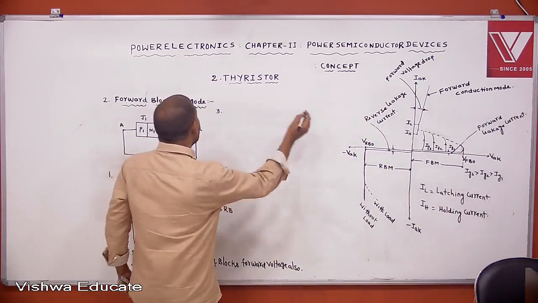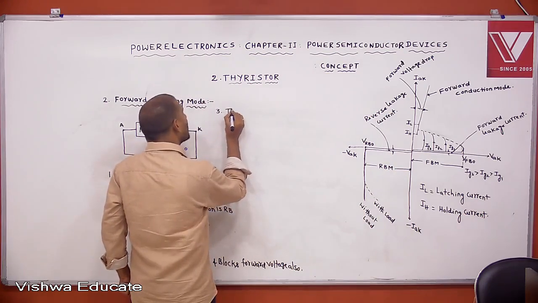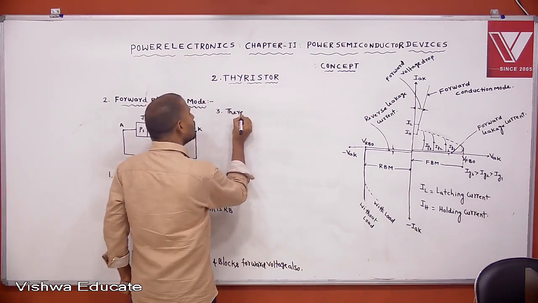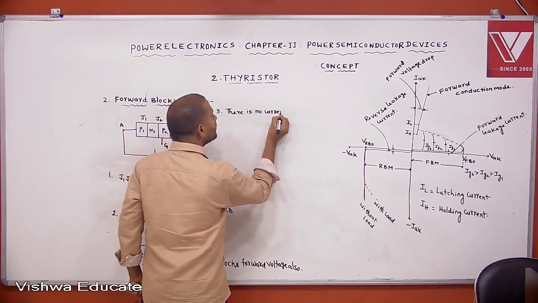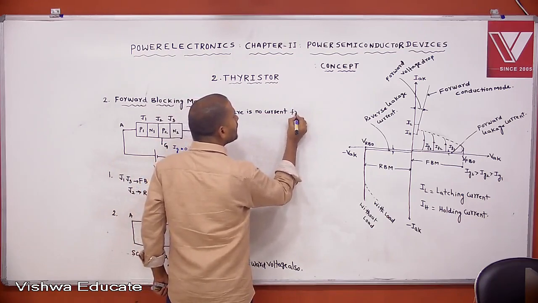Therefore, there is no current from anode to cathode.